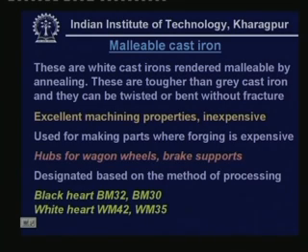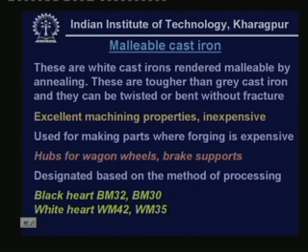I think it is not within this zone, but anyway, remember that annealing is a type of heat treatment by which you can get malleable cast iron from white cast iron, and these are tougher than grey cast iron, and they can be twisted or bent without fracture.